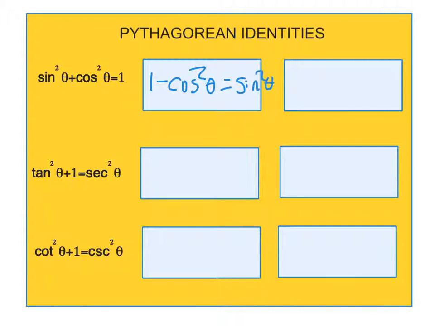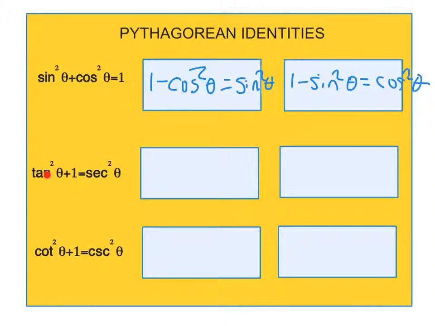And then if I move, instead of moving the cosine squared over, I can move the sine squared over, and I can have 1 minus sine squared theta equals cosine squared theta.